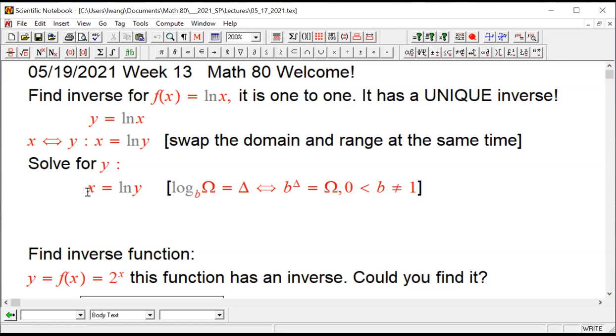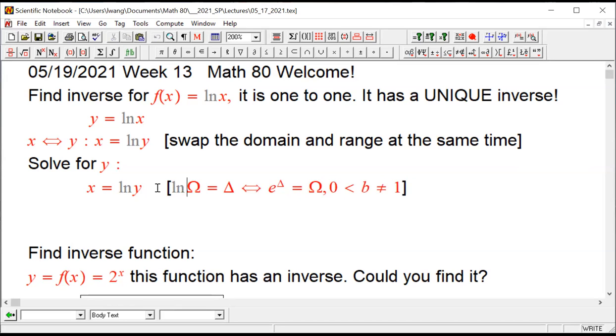Now in our situation, we have this guy and we want to express y. How do we do that? e is the base. Log base e is shorthand for ln. y is in the place of omega. x is in the place of triangle.